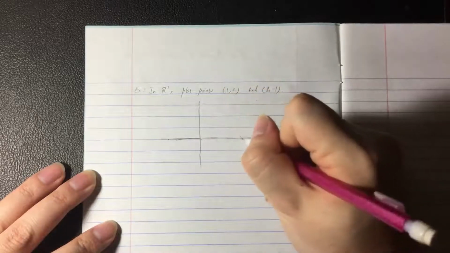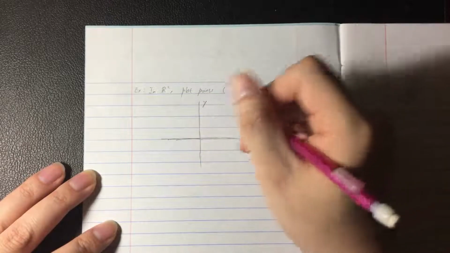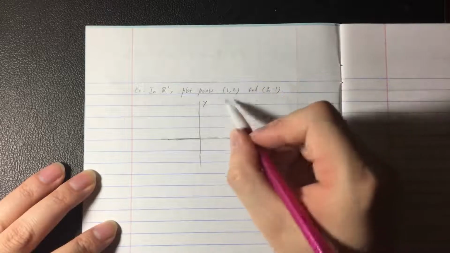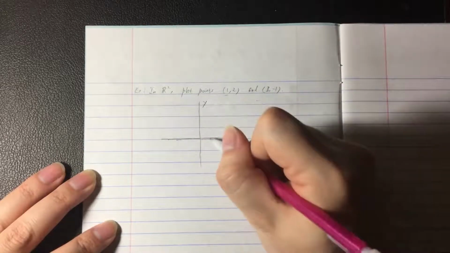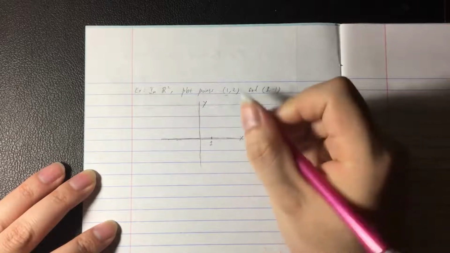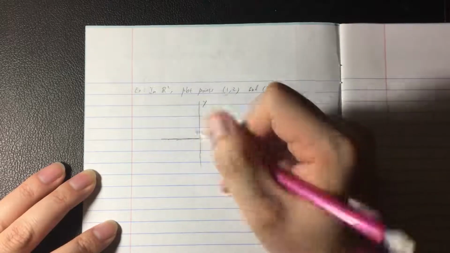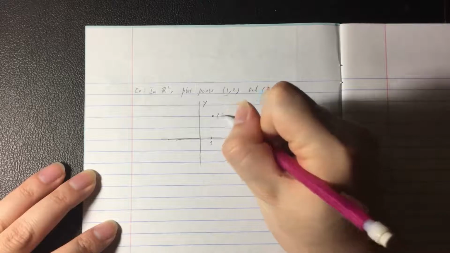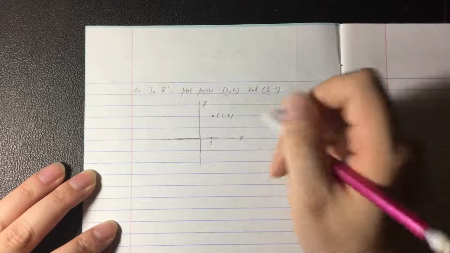That's the x-axis, that's the y-axis. Point (1, 2): we first plot x. The x coordinate is 1. Then the y coordinate is 2, so we move up 2 units from here. That's the point (1, 2).